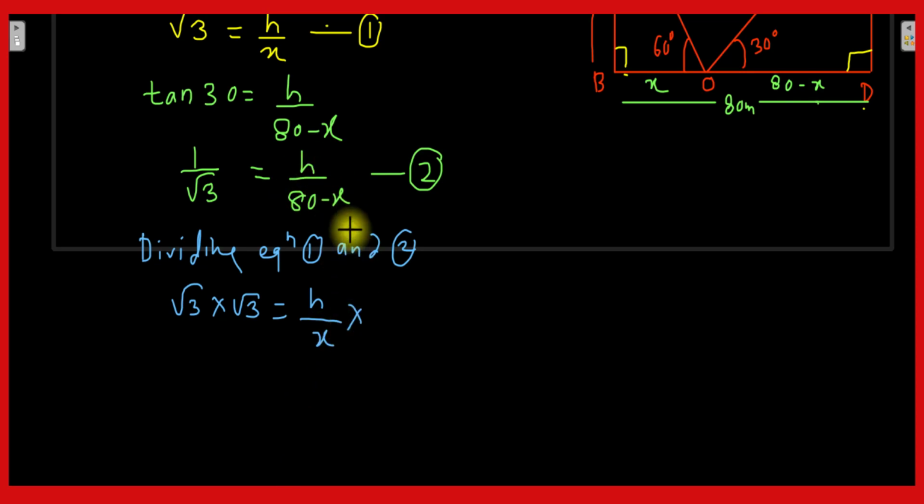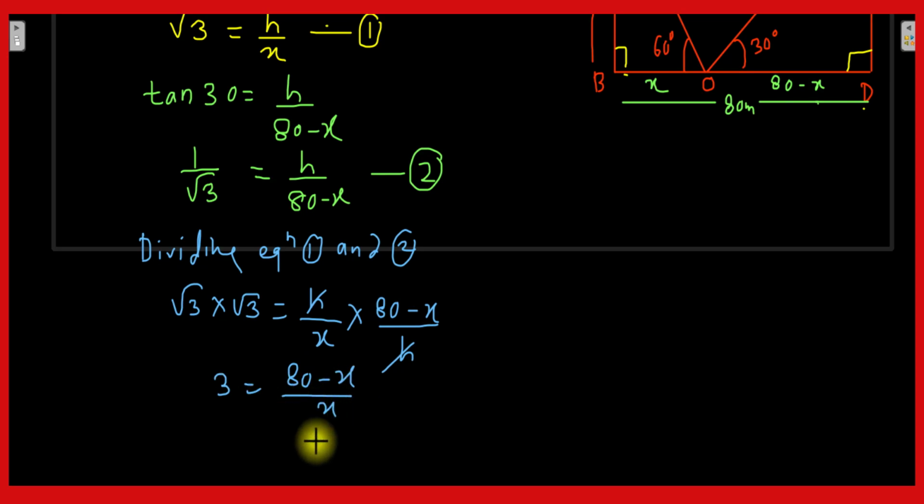It means multiplied by the reciprocal of this, it will be 80 minus x upon h. Now here root 3 into root 3 will be 3, so h and h will get cancelled. Now it will be 80 minus x upon x.